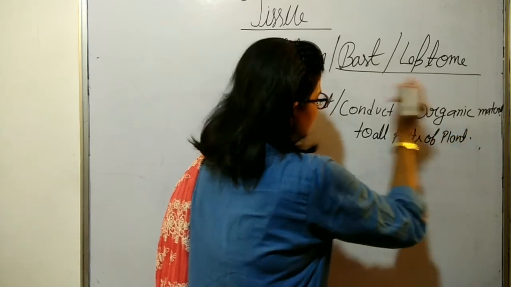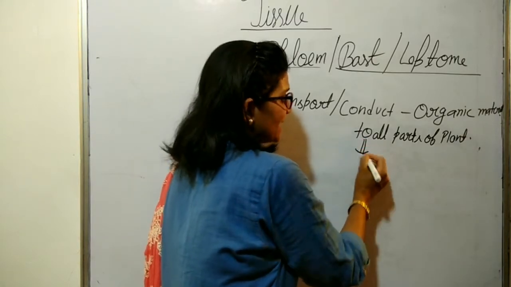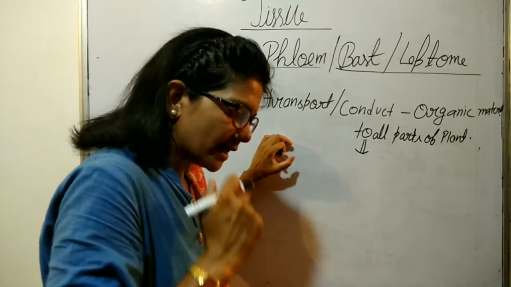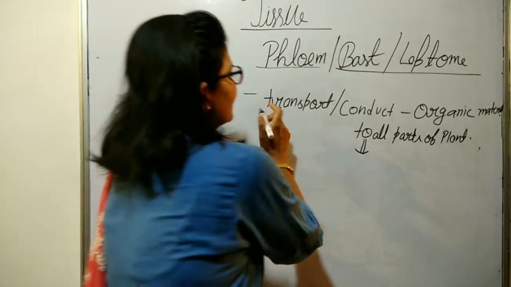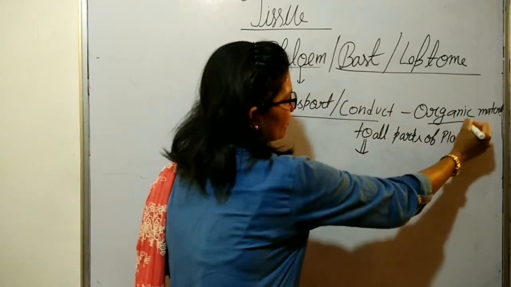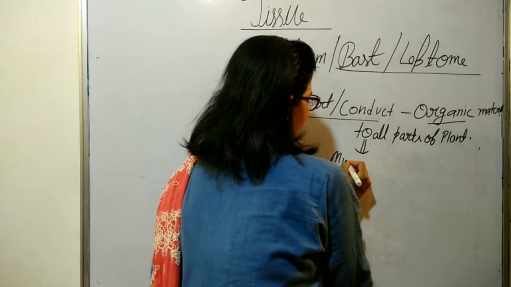Now this needs multi-dimensional movement, and as we have seen, in the case of the xylem it was only upward movement, but in the case of the phloem, through which the conduction of organic material takes place, it is multi-directional movement.